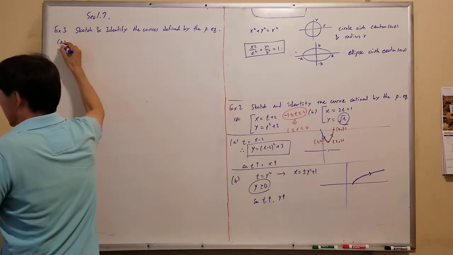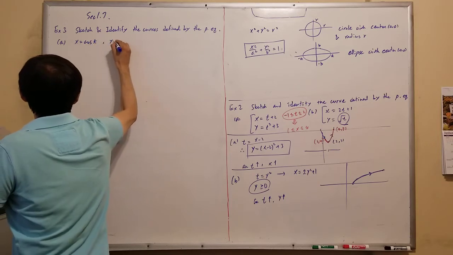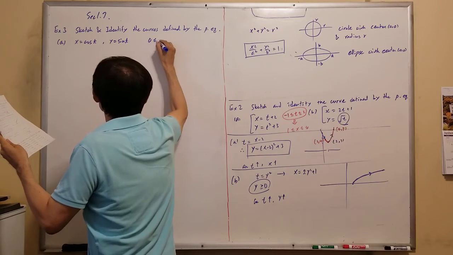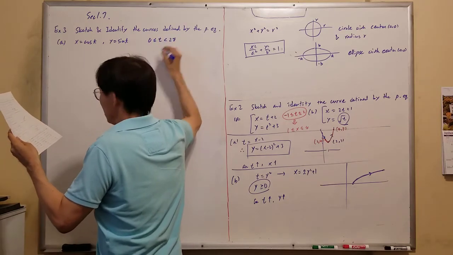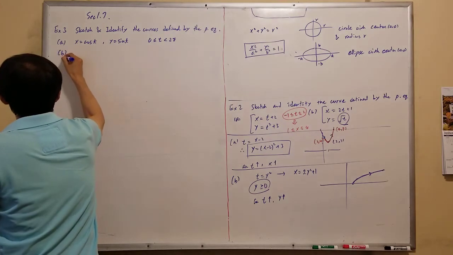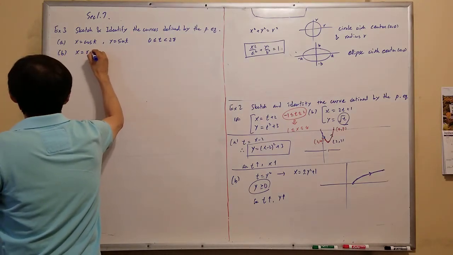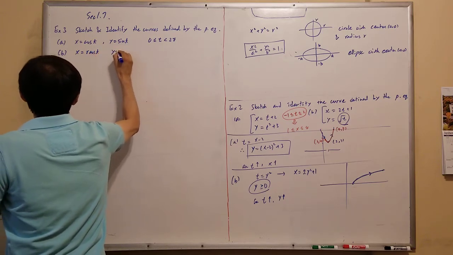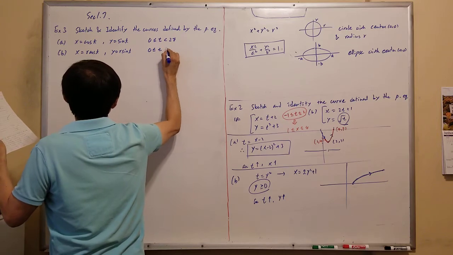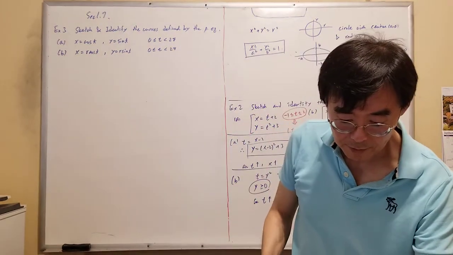A, x equals cosine t, y equals sine t, and t is between 0 and 2 pi. B, x equals r cosine t, y equals r sine t. Again, 0 to 2 pi. Okay?